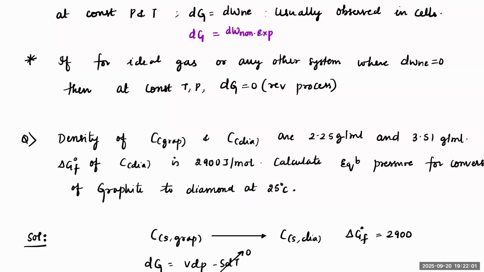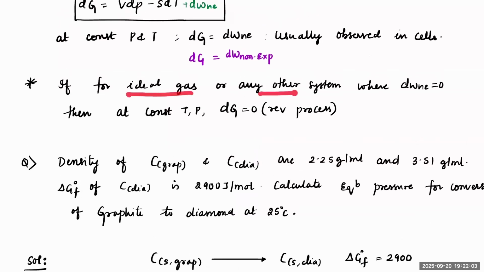So if it is about ideal gases or any other system where non-expansion work is not there, achha, where do you see non-expansion work? Best example, chemical cells. If you see batteries, in batteries a chemical reaction is happening, and that chemical reaction is releasing energy which is used as work done.